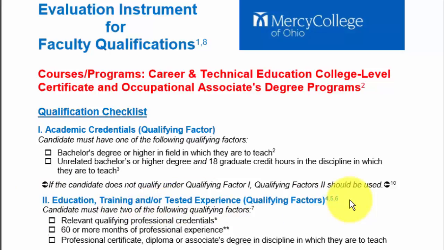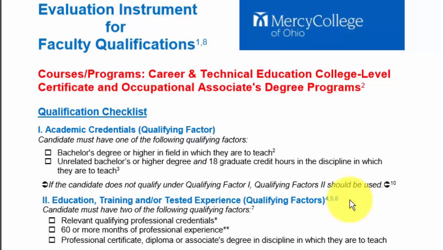As you read that HLC document, it does allow for individuals who have great experience but may not have the educational credentials. What the HLC wants is a defined process on how we are going to determine that. It has to be very objective as far as how we are going to do this. And I think we've defined it pretty clearly, what we consider these combinations.